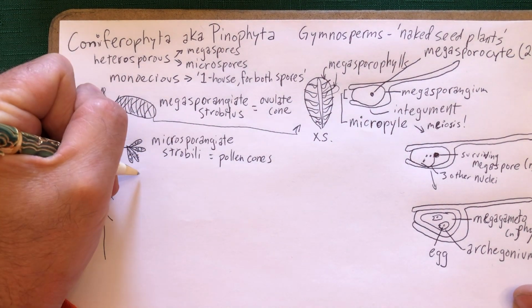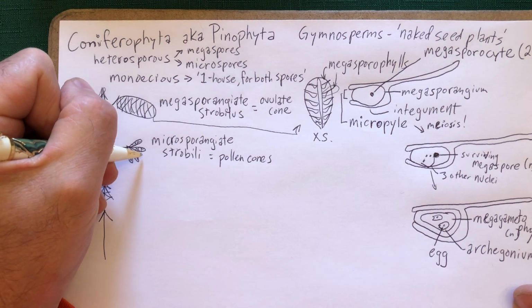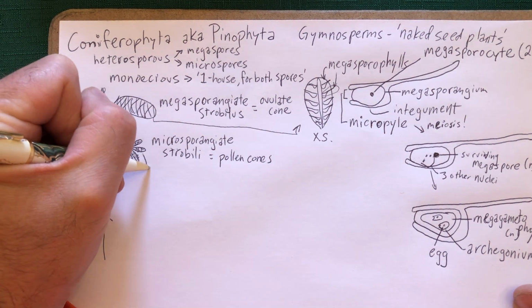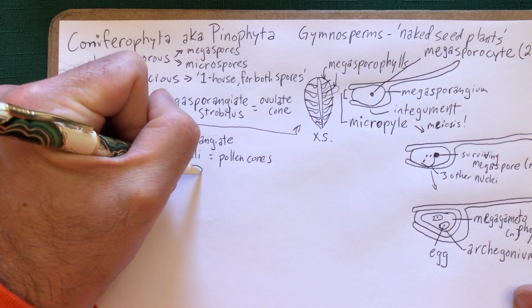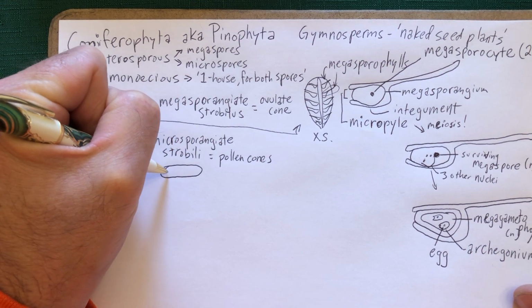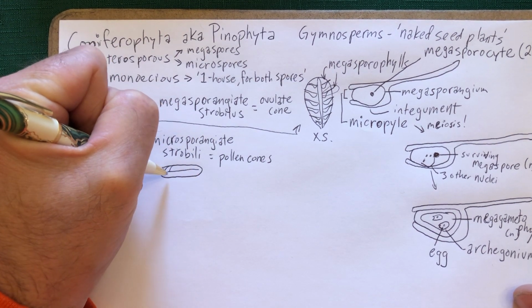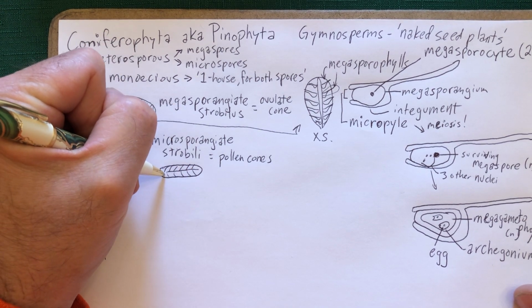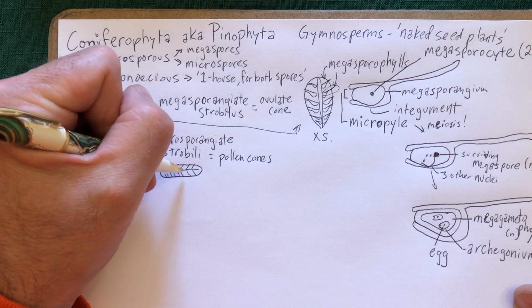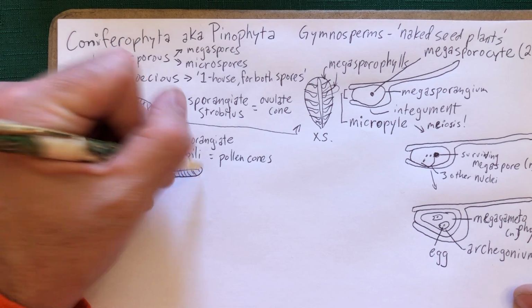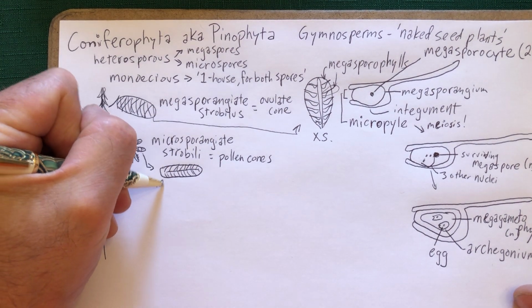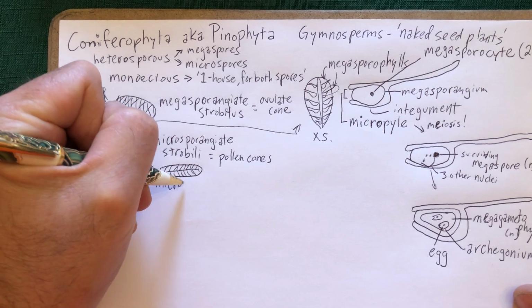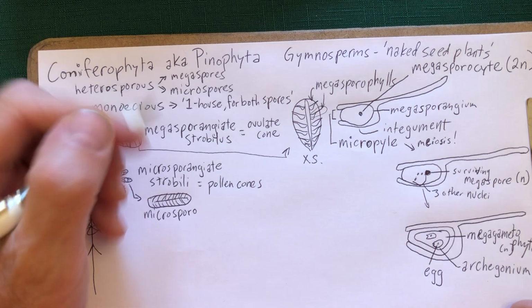So let's focus in on our Microsporangia strobili. If we look through one of those, we'd see that they have similarly an axis covered with microsporophylls.